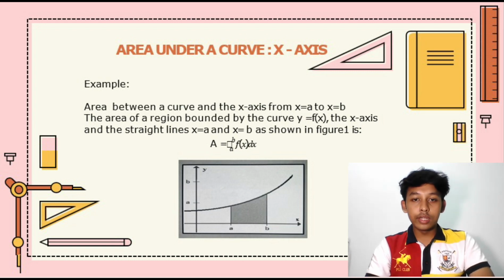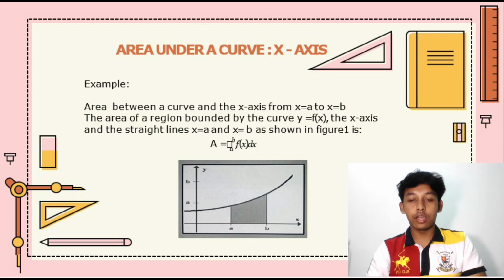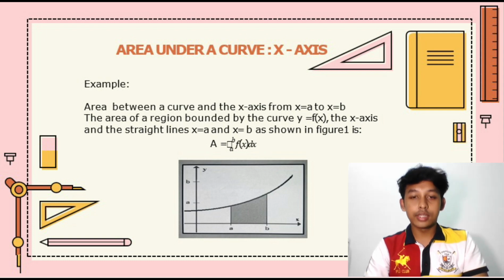The area of the region bounded by the curve y equal f(x), the x-axis, and the straight lines x equal a and x equal b, as shown in figure 1, is the integral from the lower limit a to the upper limit b of f(x) dx.